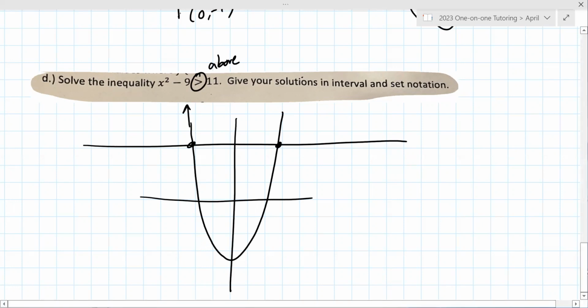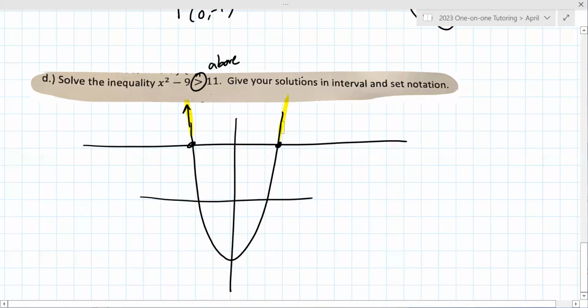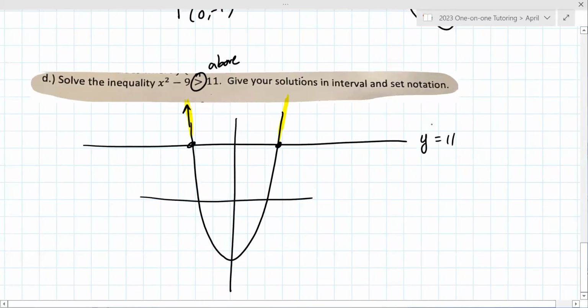So I'll shade it here in yellow, above. So this is y equals 11. This is 2 square root of 5 comma 11, minus 2 square root of 5 comma 11. So it's everything to the left of this point, everything to the right of this point over here.